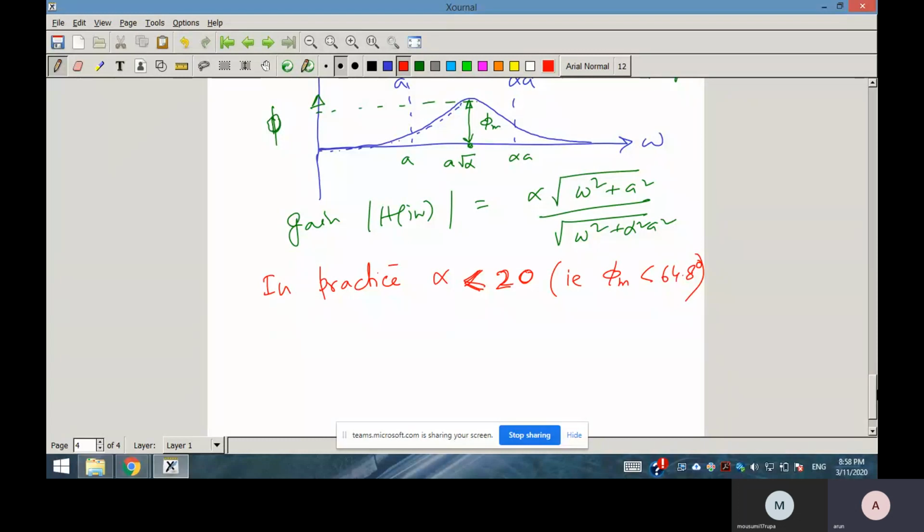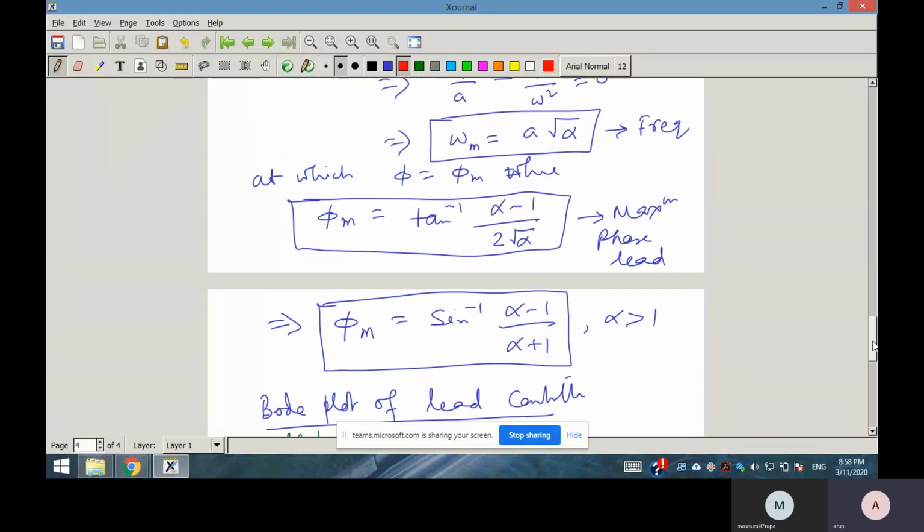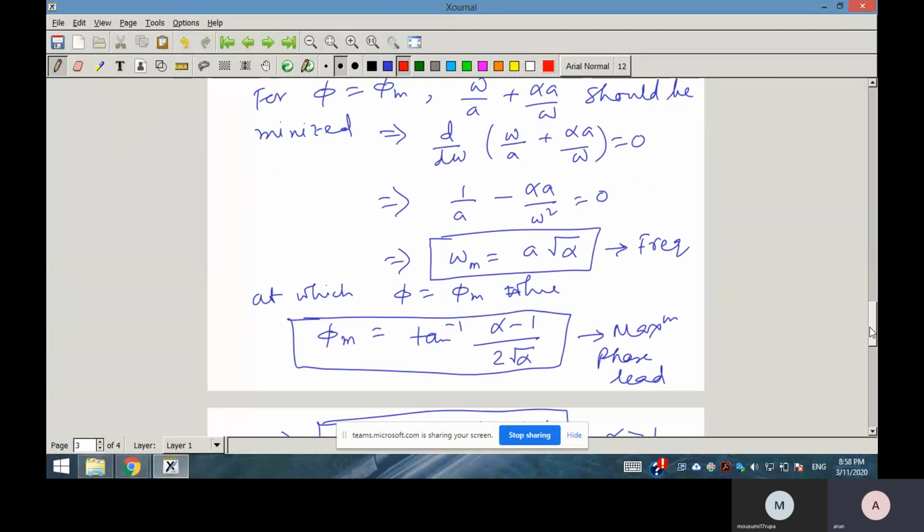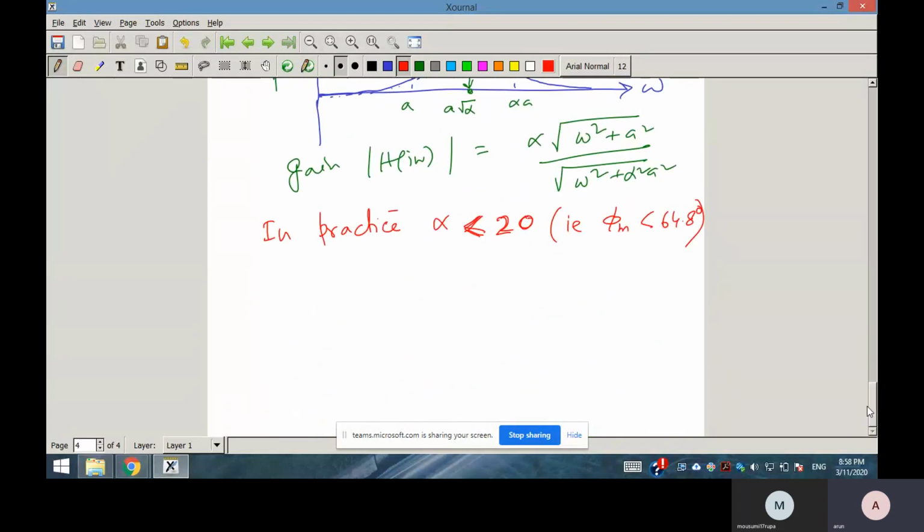Also, we will see later that when we do the analog implementation of this controller, one active amplifier is needed, and that amplifier gain is assumed to be less than 20.